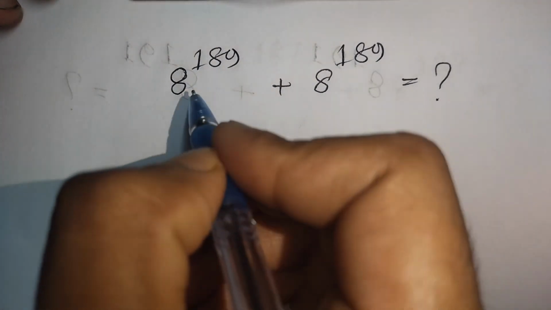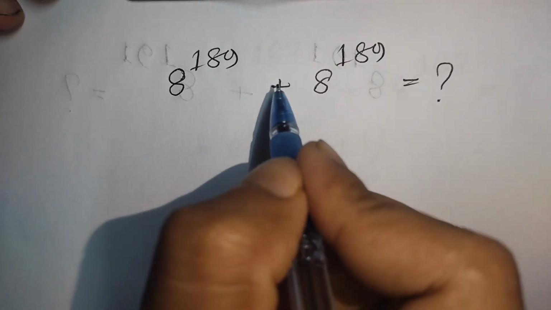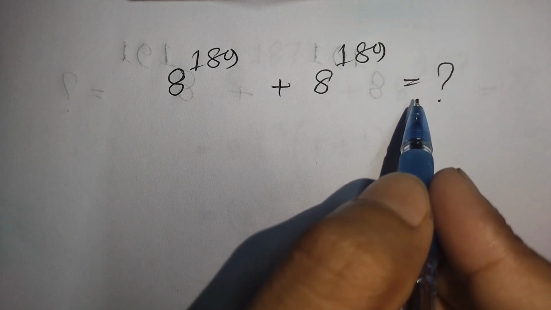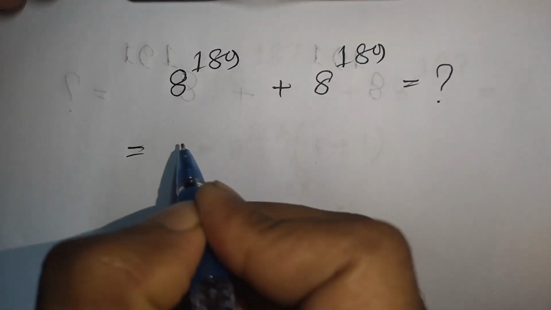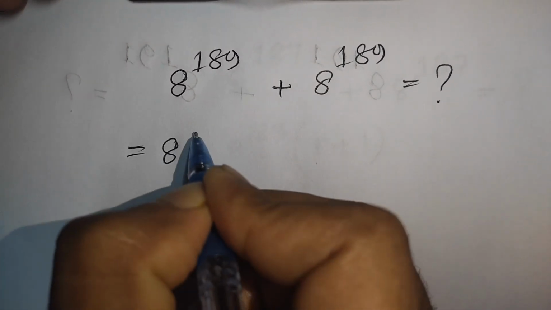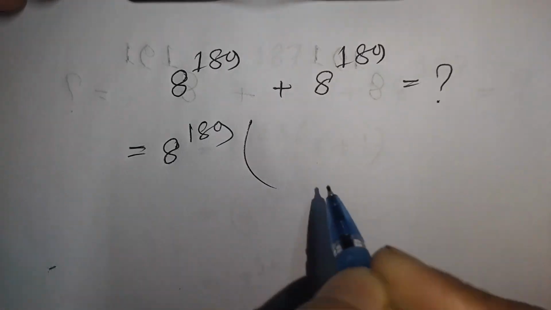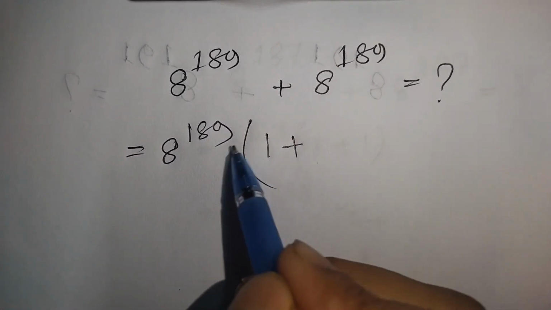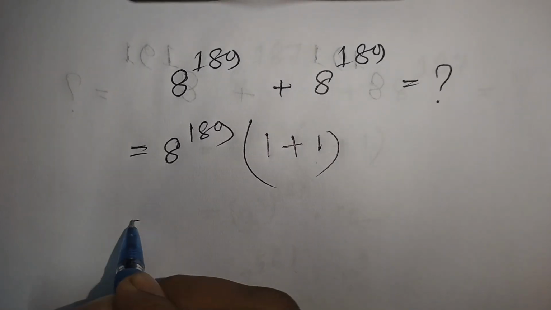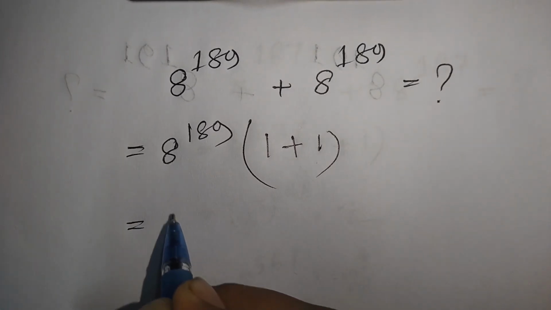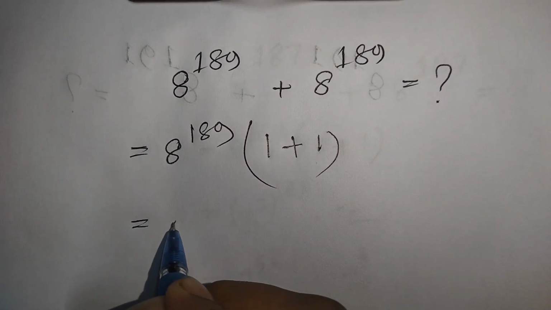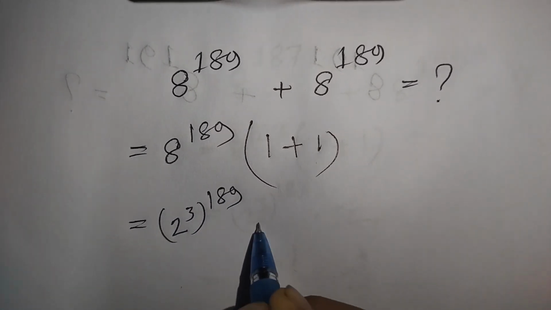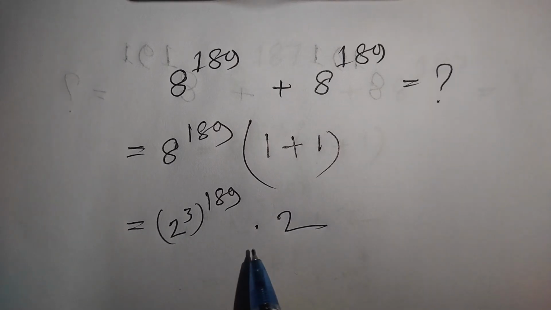How to solve 2 to the power 189 plus 2 to the power 189 is equal to what? At first we take common 2 to the power 189. First bracket start, this divided by this, that means 1, plus this divided by this, that means 1. Then 2 to the power 189 is the same as 2 to the power 3 bracket for 189 times, 1 plus 1, that means 2.